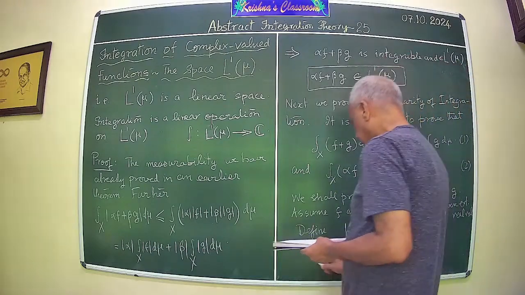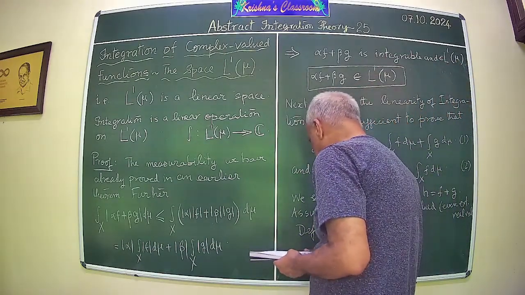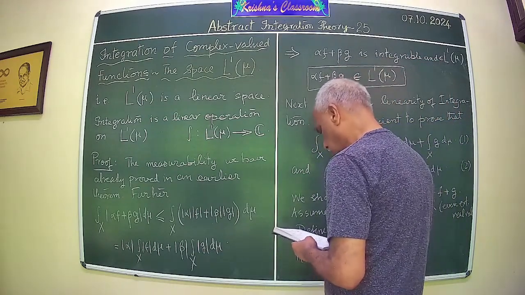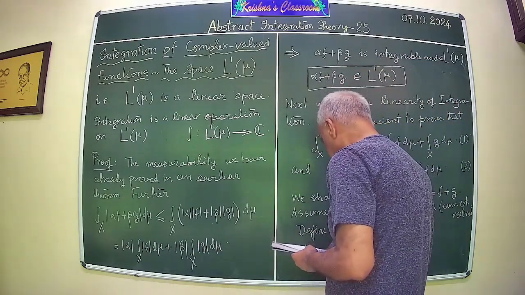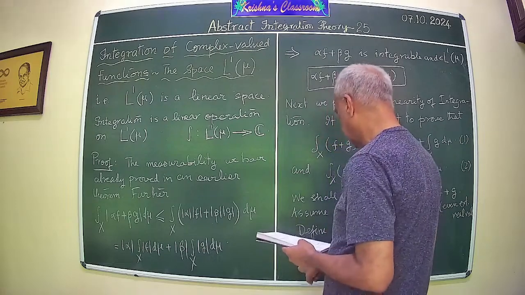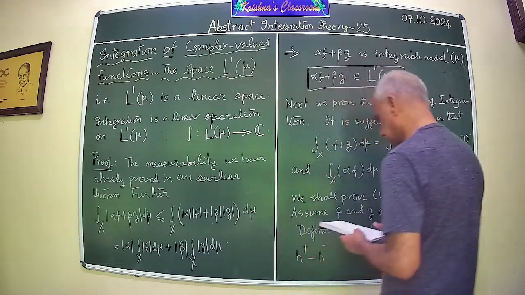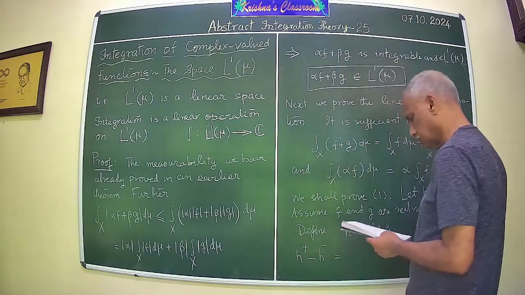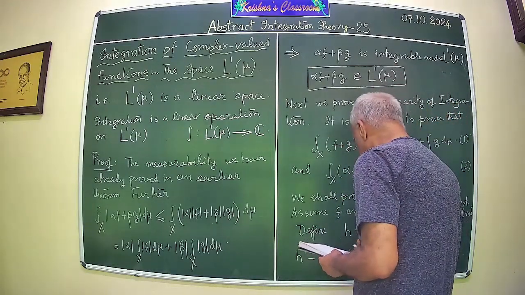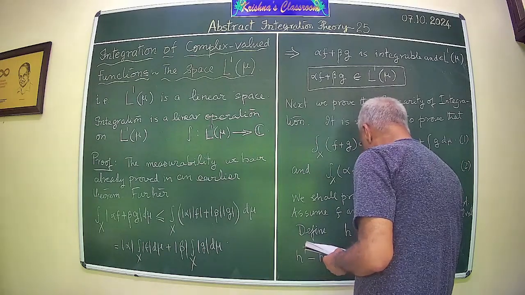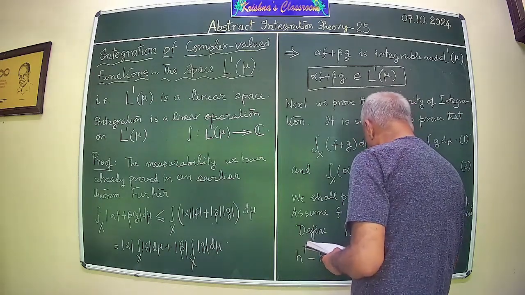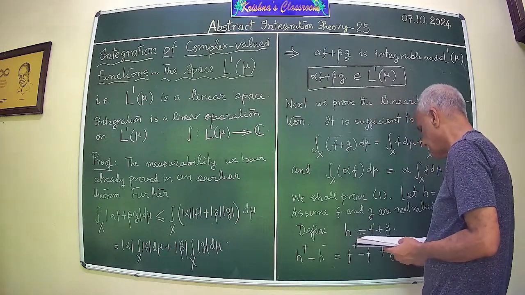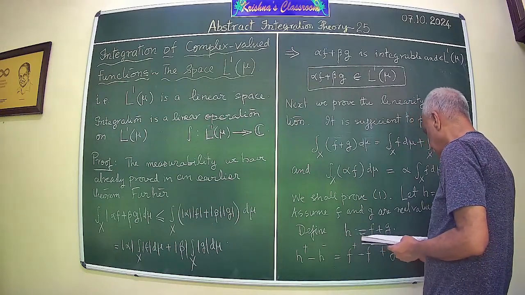So you observe that h is h plus minus h minus. This is equal to f plus minus f minus plus g plus minus g minus.